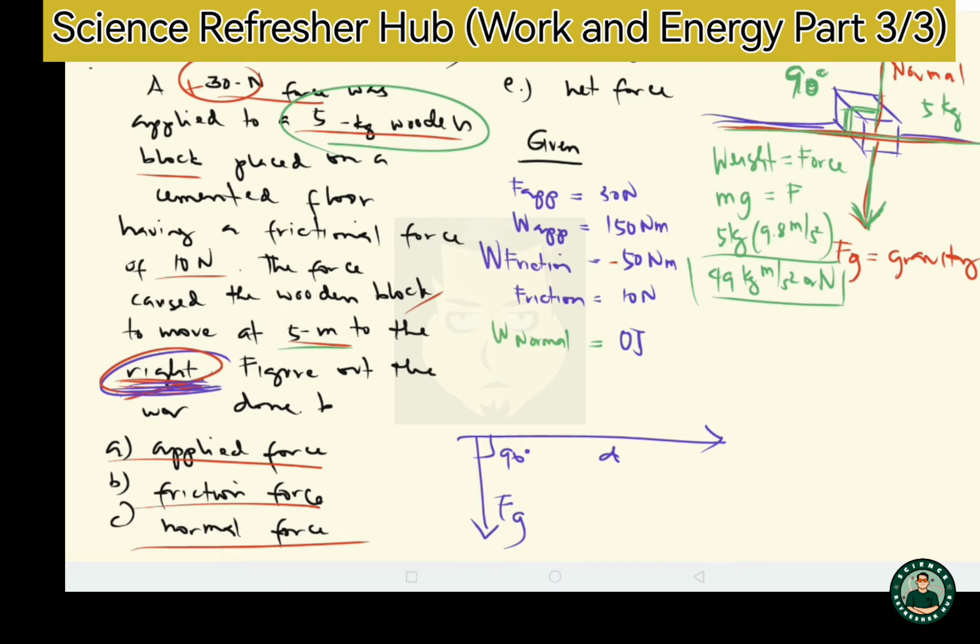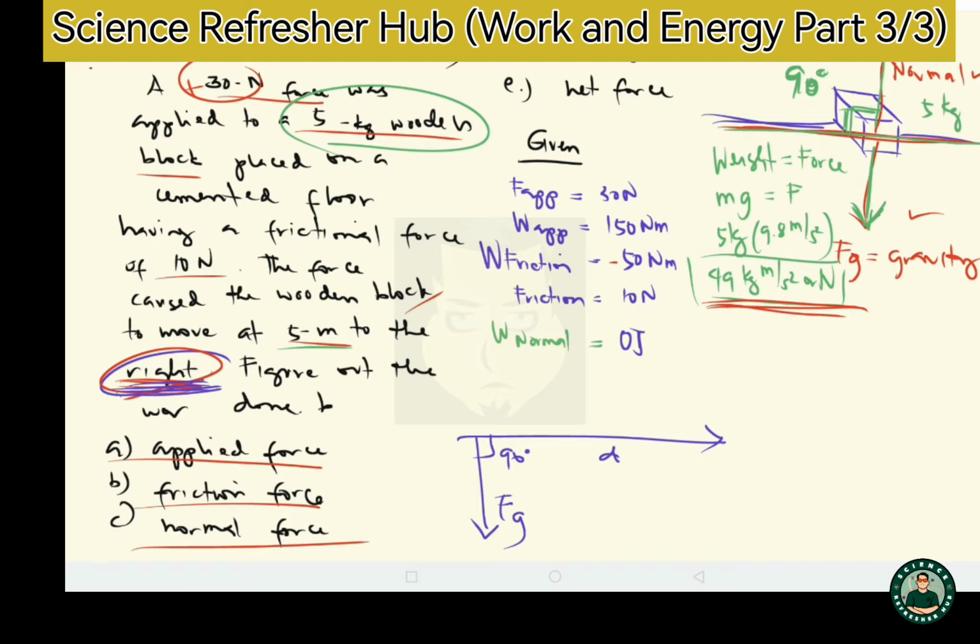And the work done by gravity is the same here. The normal force, earlier, was 49 newtons. If you still recall, these two vectors here, the normal and gravity, are balanced forces.